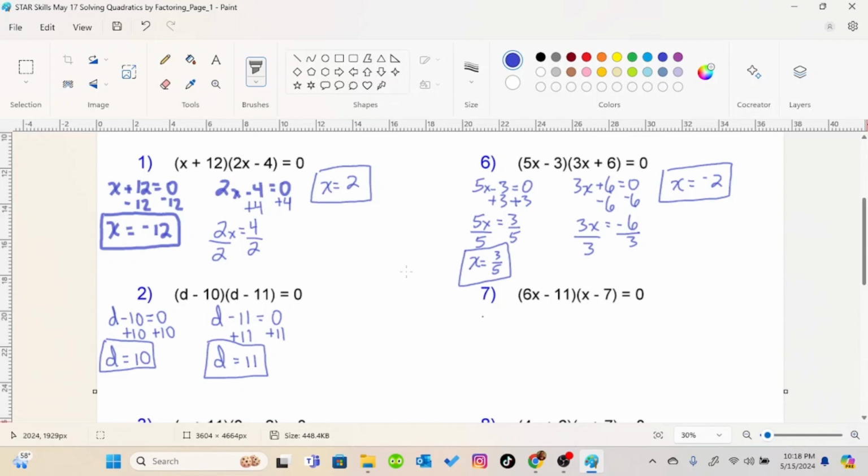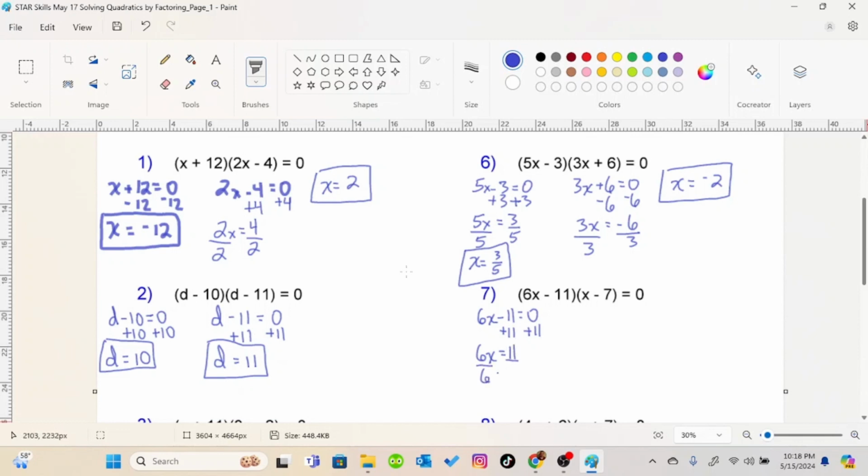Number 7. We take the first factor, 6x minus 11, and we set it equal to 0. You add 11 to both sides, and you get 6x equals 11.